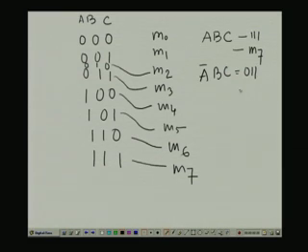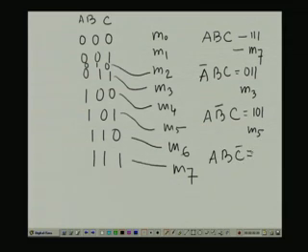So, this is nothing but M3. Similarly, AB bar C means 1 0 1, that is M5, and ABC bar is 1 1 0, that is M6. So, in the function given, the terms present are M7, M3, M5, M6.